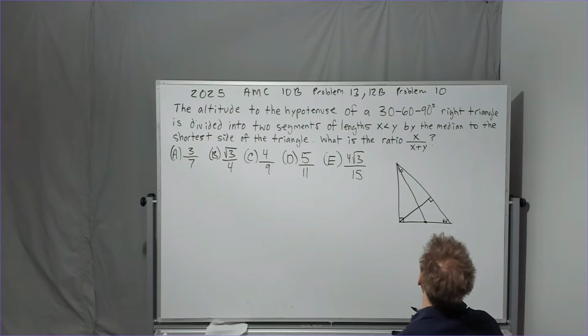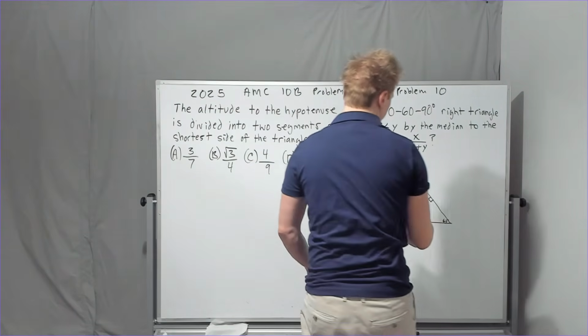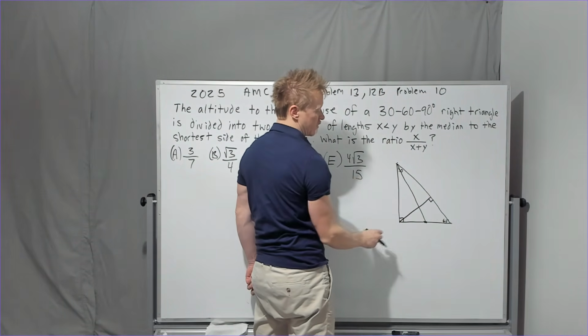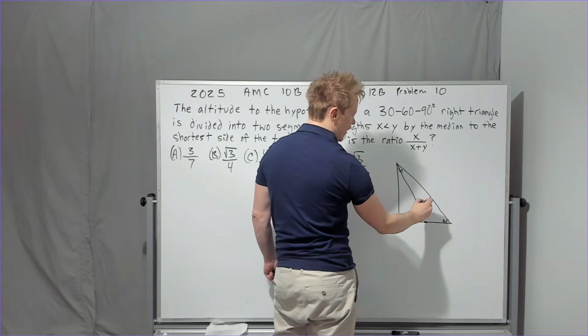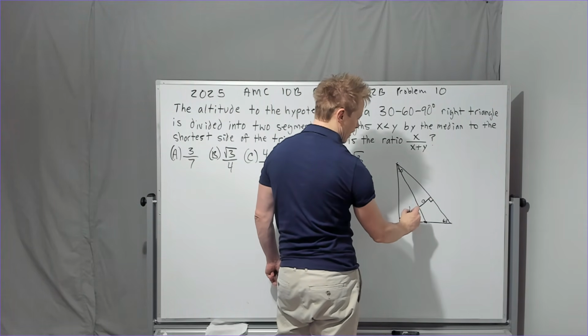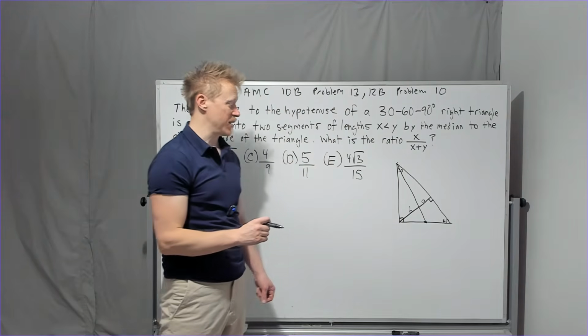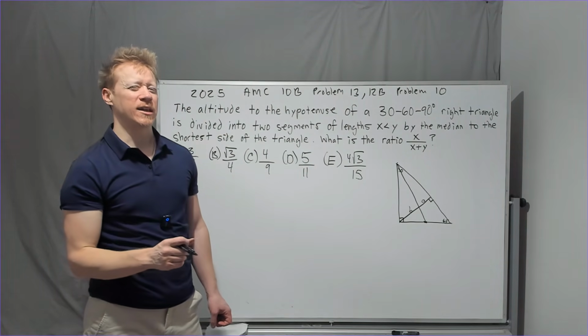I guess approximately the median. Okay, and this looks like the shorter piece over here. We could call this x and we could call this y. I'm going to label them as A and B, where A is x and B is y, for reasons we'll get to in a moment.